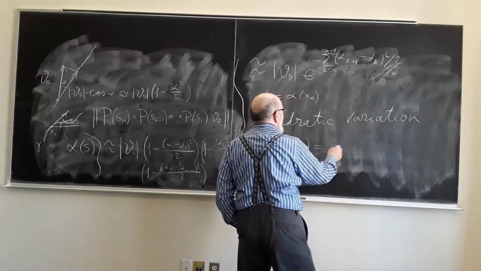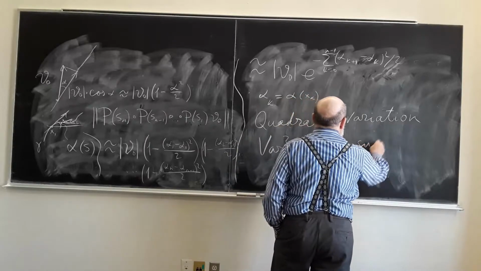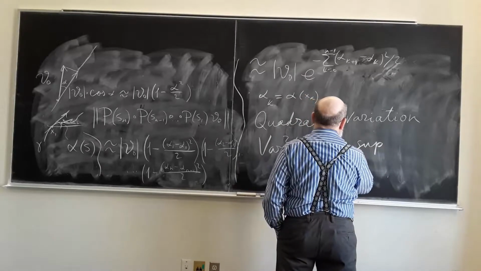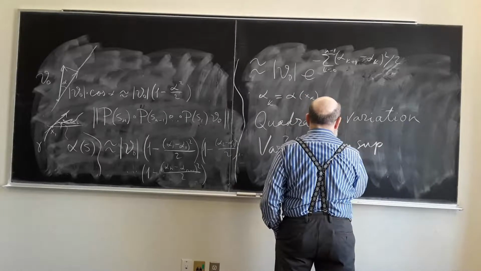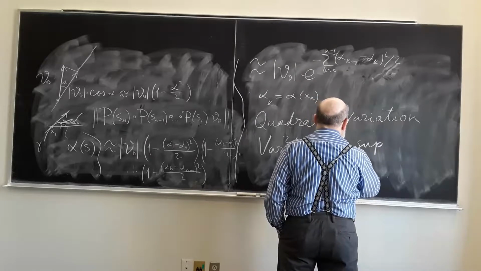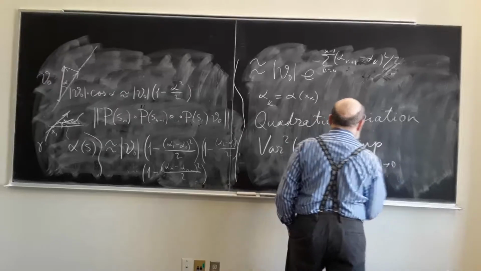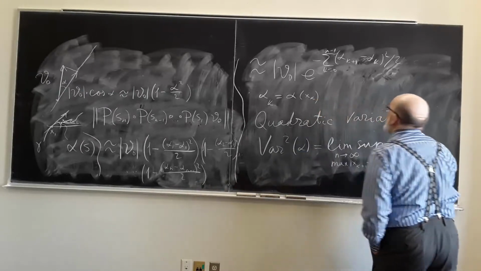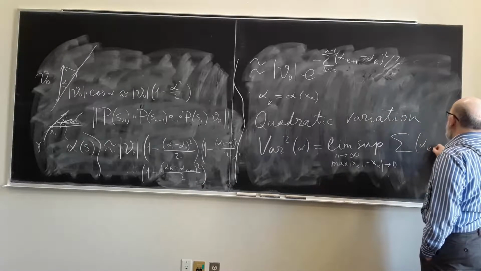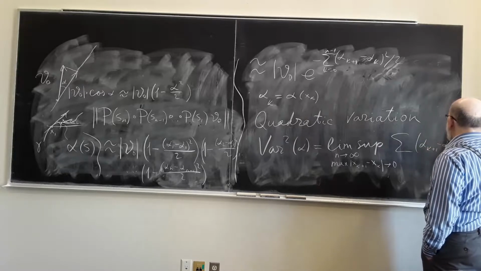Alpha equals, say, the upper limit when n goes to infinity and the maximum of the modulus of x_{k+1} minus x_k goes to 0, of this quantity: the sum of alpha_{k+1} minus alpha_k, squared.